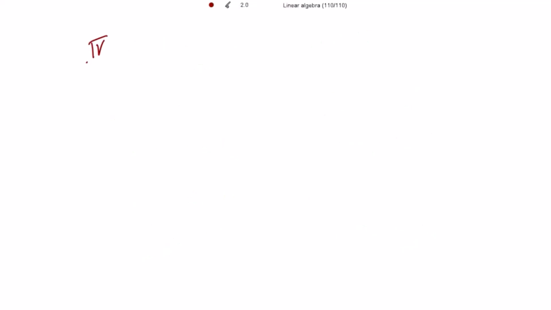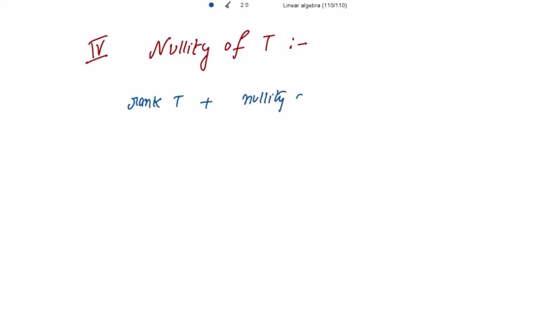And now for the fourth part, we need to find the nullity of T. For that, we are going to use the rank-nullity theorem, that is, the rank of T plus the nullity of T is equal to the dimension of U, but here U is V2(R).